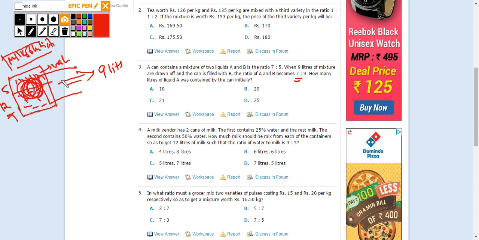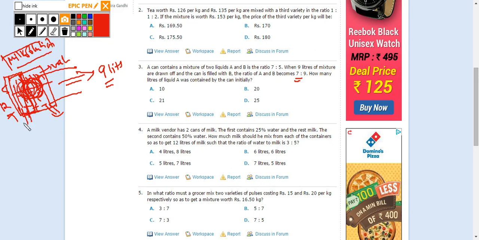Let it be any number of liters. Let me take 9 liters, let me take 1 liter out, let me take 10 liters out. Whatever number I take out, would the ratio change in the container? Say for example I take 9 liters as has been stated in this question. So I'm going to have this part of solution left, right?